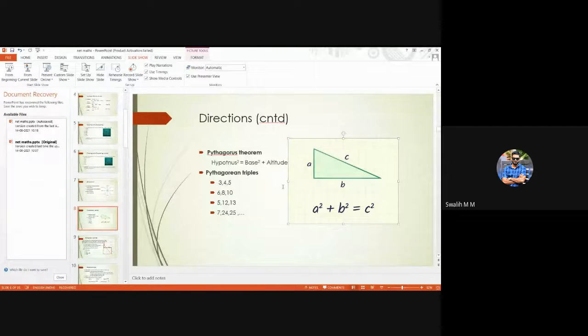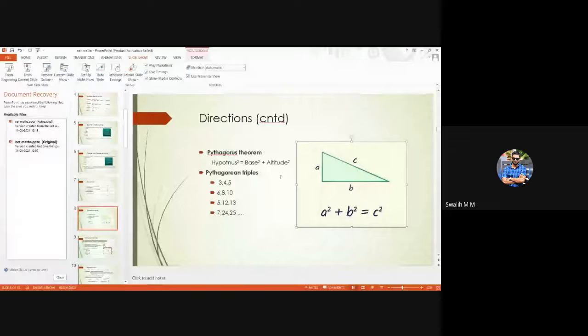Probably in NET questions, you get easy questions, so generally you will get only these numbers or multiples of them. For example, if you get 300 and 400, then the hypotenuse would be 500. Like that, other multiples also. So you need to learn these numbers by heart.